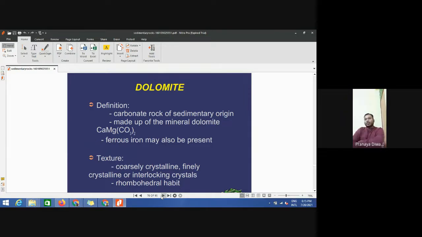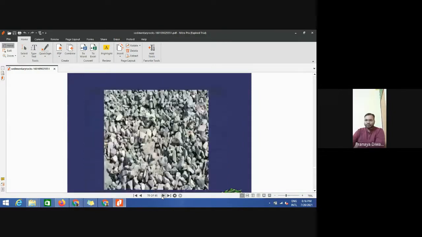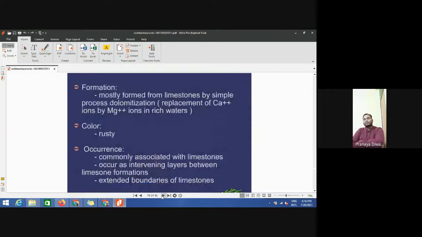Then you have a coarsely crystalline rock, which is finely crystalline or has interlocking crystals. How is it formed? It is mostly formed from limestone by the process of dolomitization.